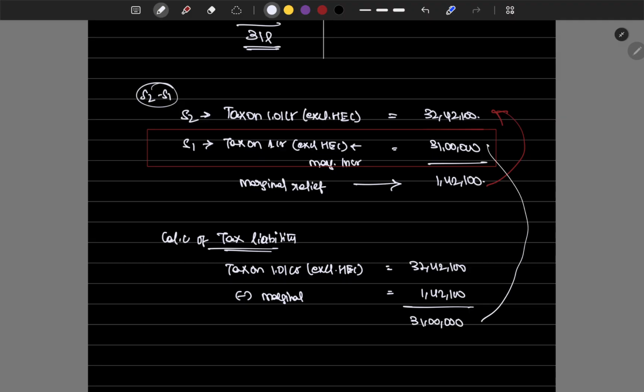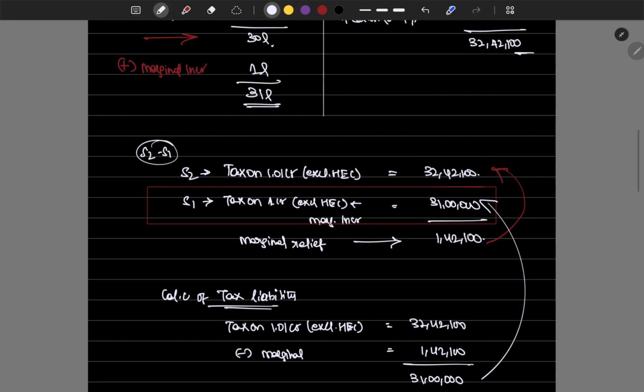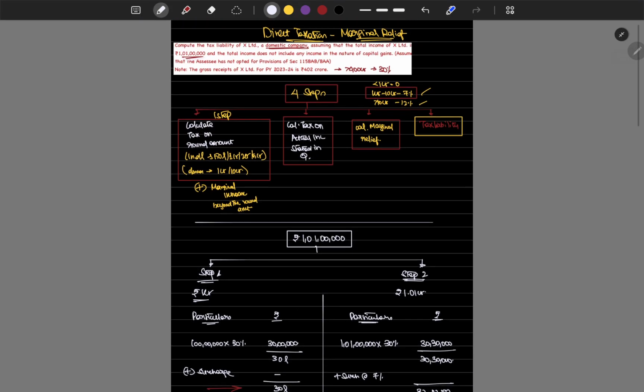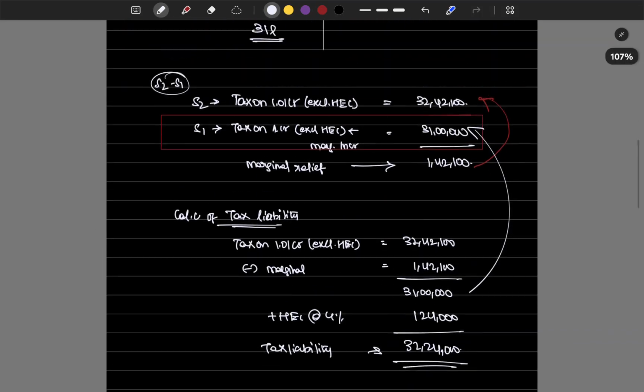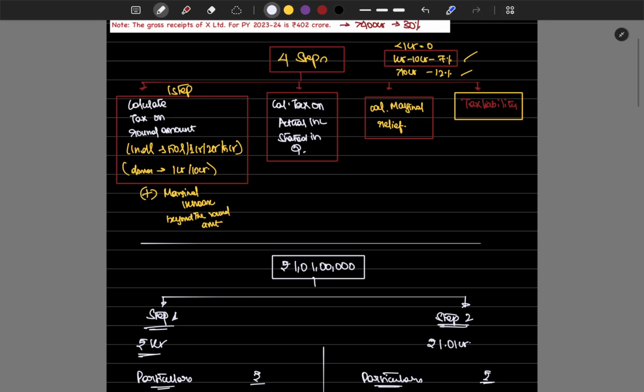It would be the same as step 1, so we can directly take it. Plus health and education cess at 4 percentage, so 31 lakh into 4 percentage is 1 lakh 24,000. The total tax liability will be 32 lakh 24,000. This is our tax liability. That's it. With a simple four-step procedure, we can easily solve this problem without any confusion. This is one kind of problem considering a domestic company. We'll solve another problem using an individual tomorrow. Thank you.